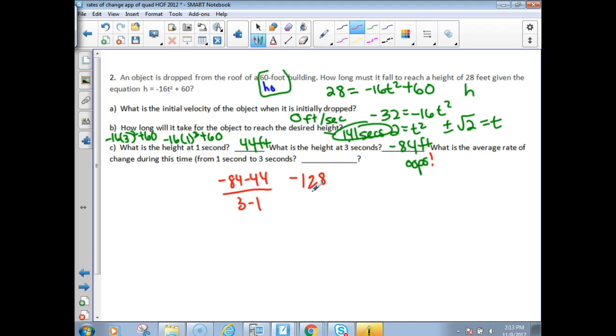Negative 128 over 2, which is negative 64 feet per second. It can't really happen, but we know how to calculate it. That's what counts. So if it was able to do that, that would be the rate of change.